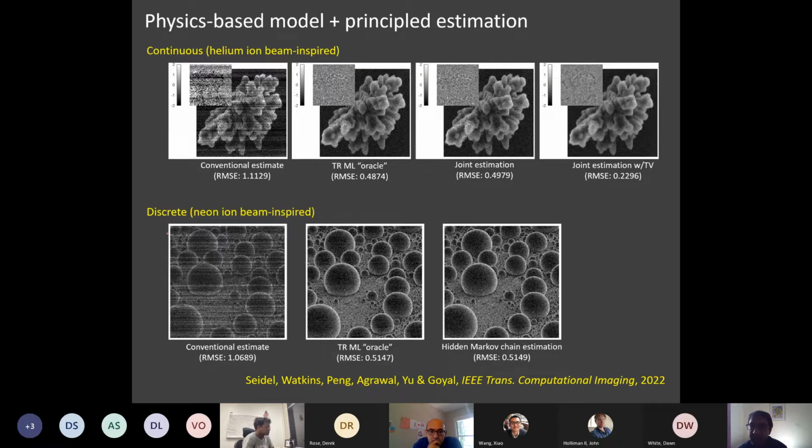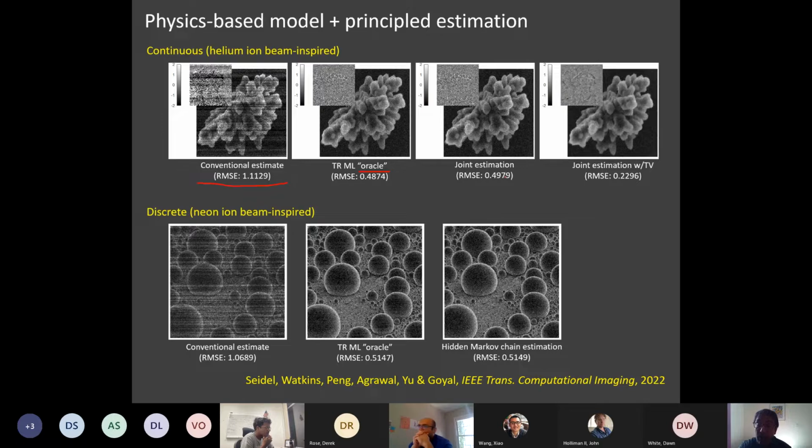In both of these cases, the joint estimation of lambda and eta can give performance that's almost as good as if an oracle was providing the beam current. The conventional estimate here means you're basically ignoring the fact that lambda is varying, and you just get stripes. My use of oracle here is to suppose that the varying beam current is known and that we apply the ML estimator of a few slides ago.